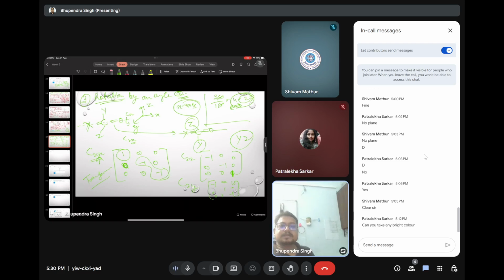Then you know that the position of the other atoms is changing: x remains the same, y changes to z, and z changes to y.